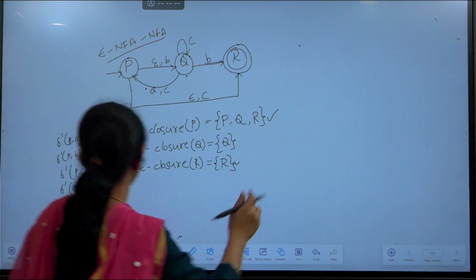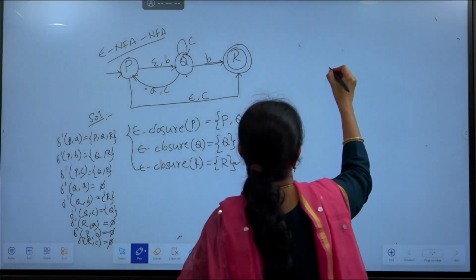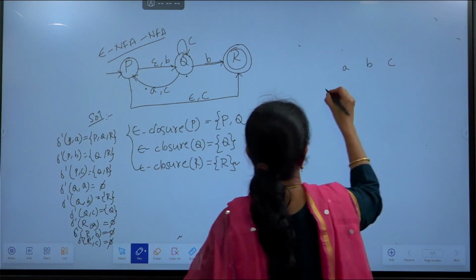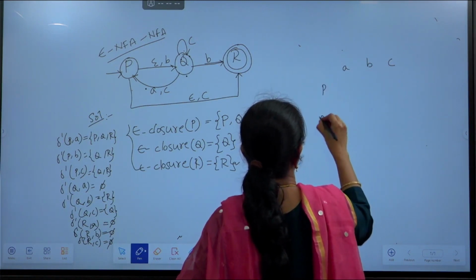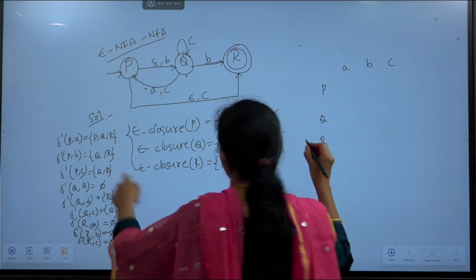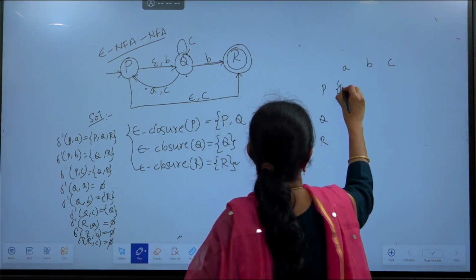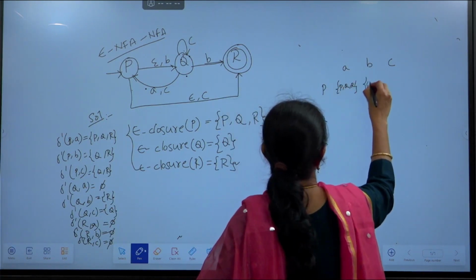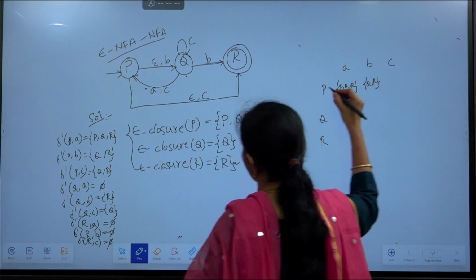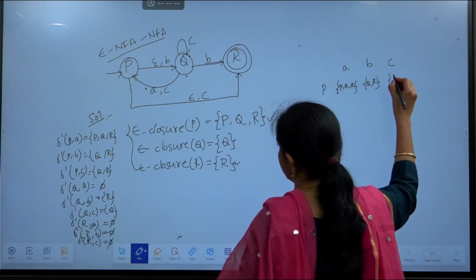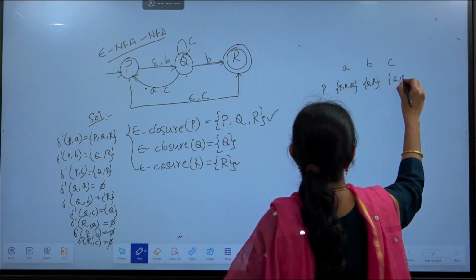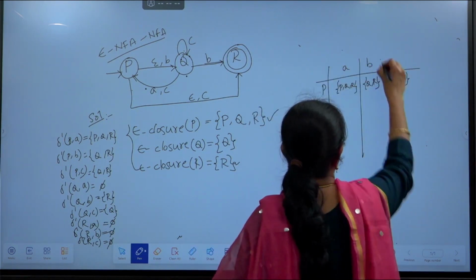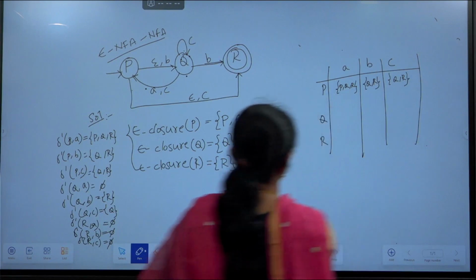So draw the transition table first, with input alphabets A, B, C on P, Q, R. P on input alphabet A, we reach P comma Q comma R. On input alphabet B, Q comma R. On input alphabet C, that is again Q comma R. This we call the transition table.